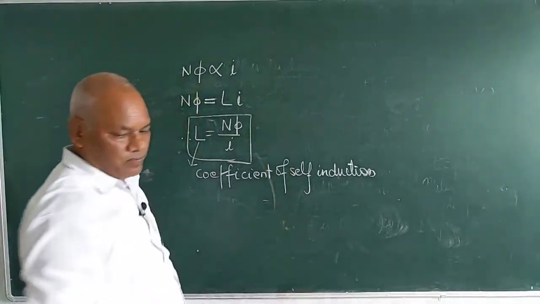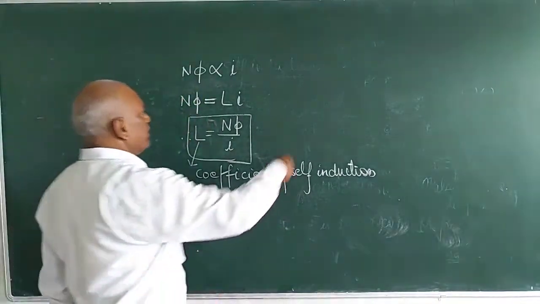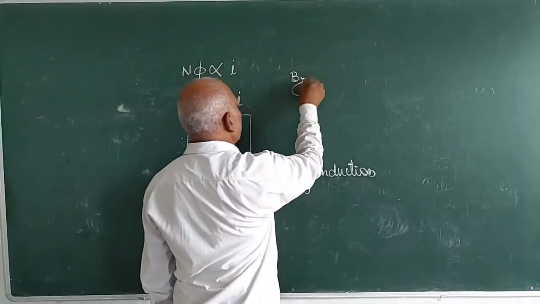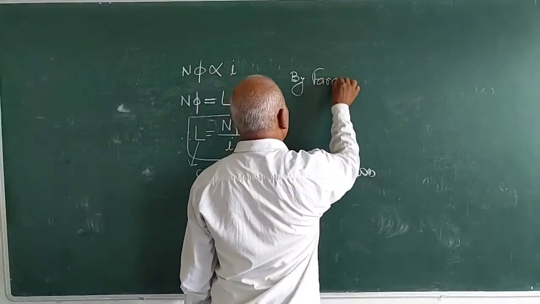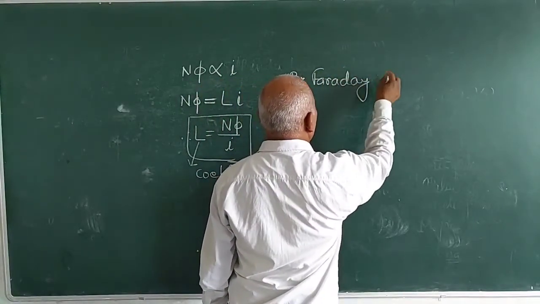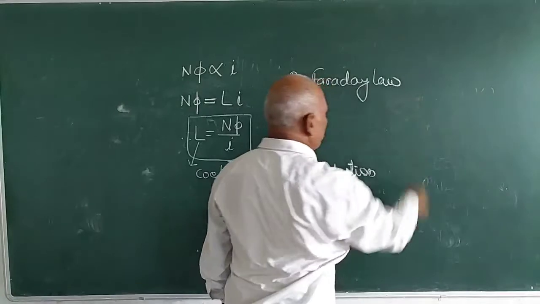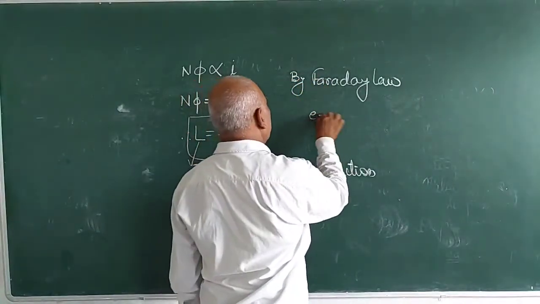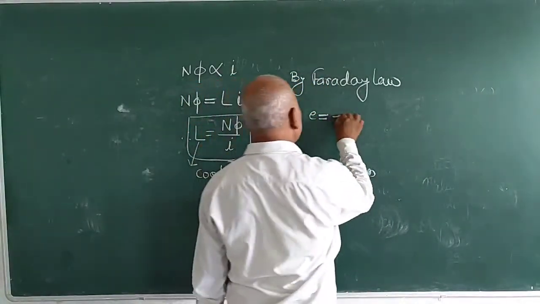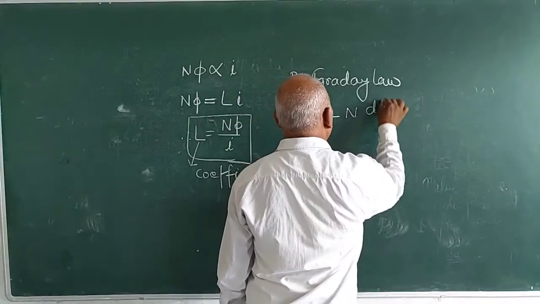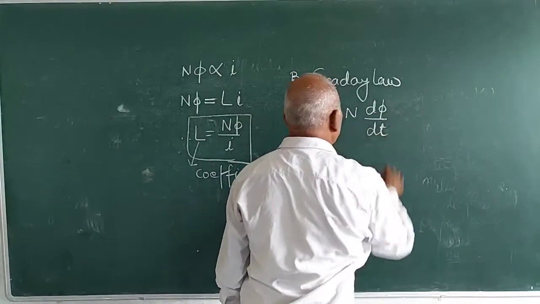Now here, by Faraday's law, E is equal to minus N d phi by dt.